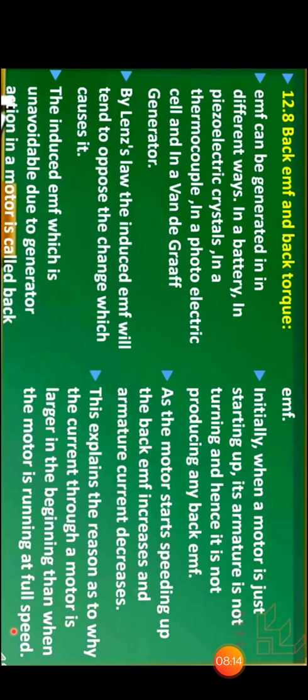As the motor starts speeding up, the back electromotive force increases and the armature current decreases. This explains why the current through a motor is large in the beginning compared to when the motor is running at full speed.